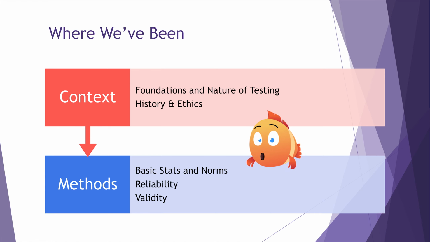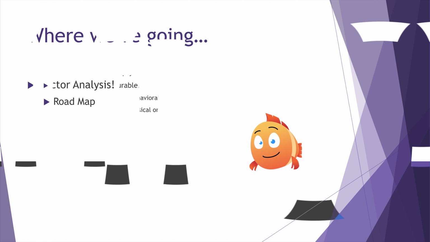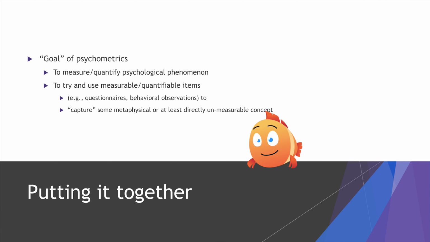Then we dove into the foundational methodology. We talked about the basic statistics, standards and norms, classical test theory, reliability, and validity. And now we get to put all of that together with factor analysis. So that's where we're going.